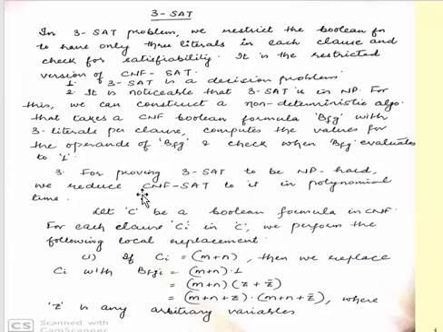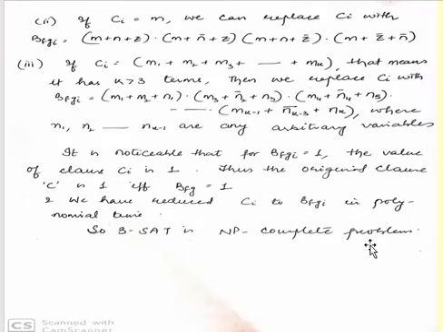Now, if I can reduce this CNF SAT to 3 SAT in polynomial time, then 3 SAT will also become NP hard. So for that, you need to take one Boolean formula that is in CNF SAT and reduce that to 3 SAT in polynomial time. If we are able to do this, then you can say that 3 SAT is also an NP complete problem.